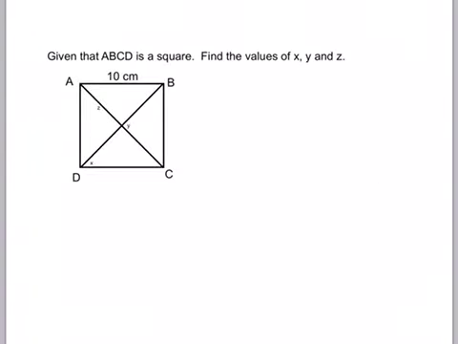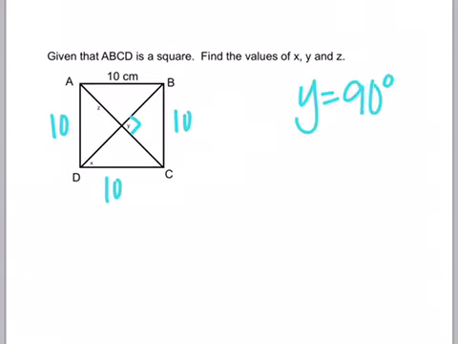Given that ABCD is a square, find the values of x, y, and z. So at this point I know all of my side lengths are 10. I know that all of my corners are 90 degrees. I also know that y right here, so y is equal to 90 degrees.